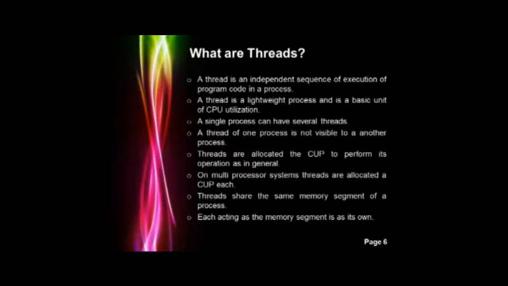A single program in execution, or a single process in execution, can have more than one thread. The memory segment allocated to a thread that is created by one process won't be visible to another thread created by a different process.